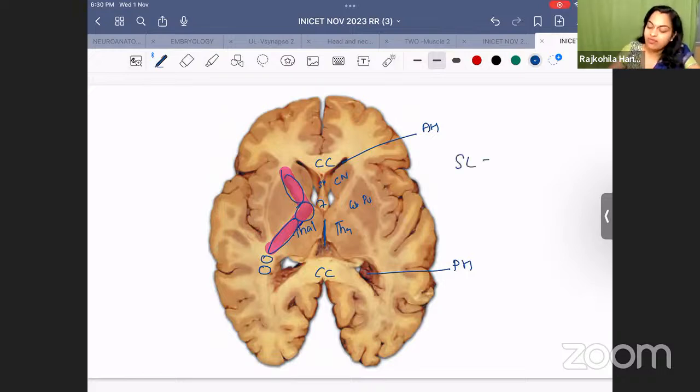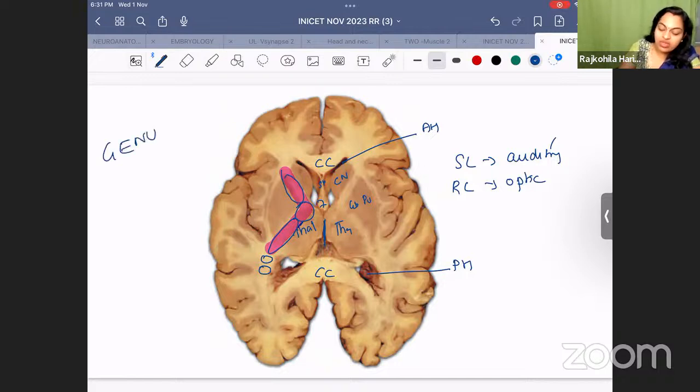Through the sublentiform part, auditory radiation passes. Through the retrolentiform part, optic radiation passes. And coming to the more important point, through the genu pass the corticonuclear fibers for the head and neck.